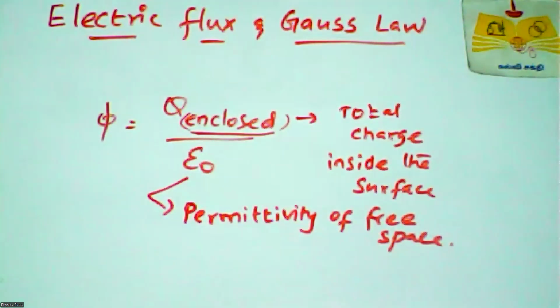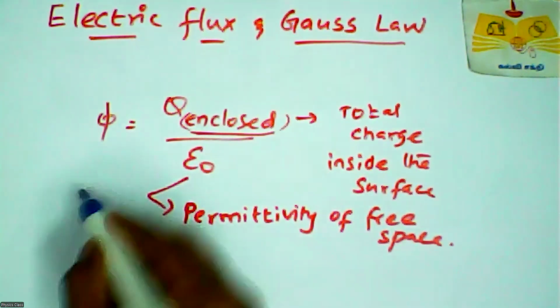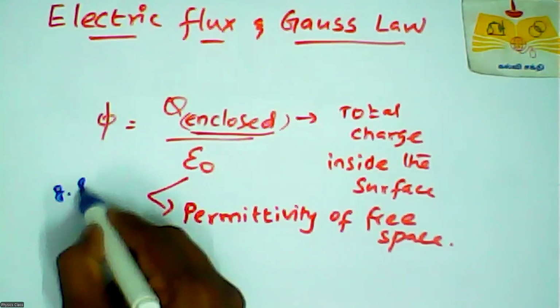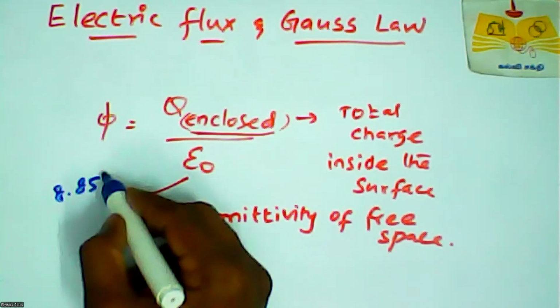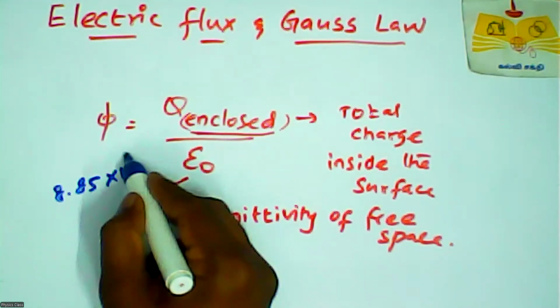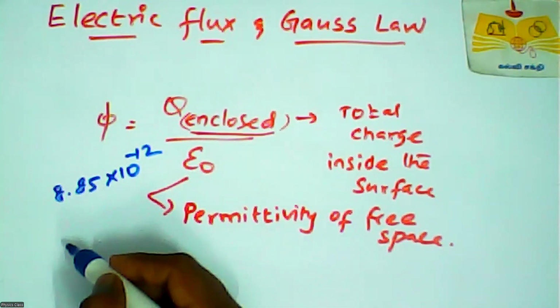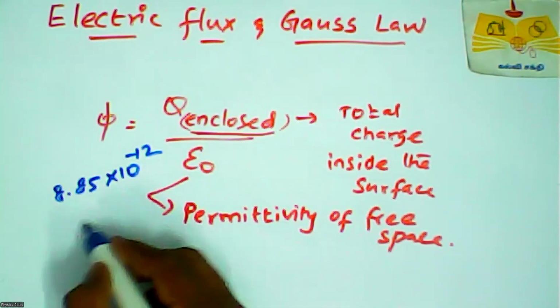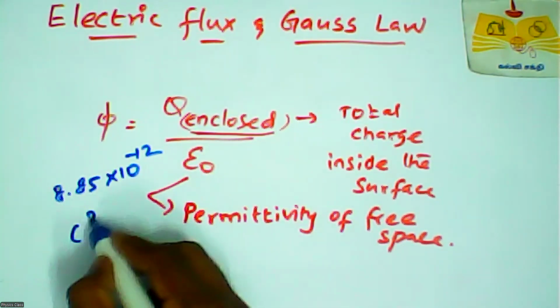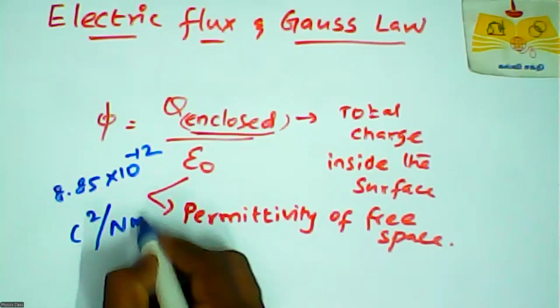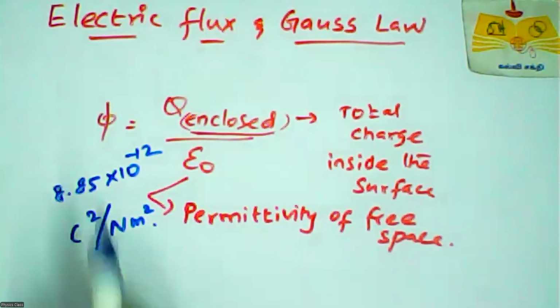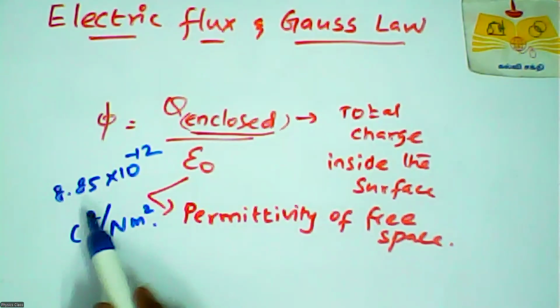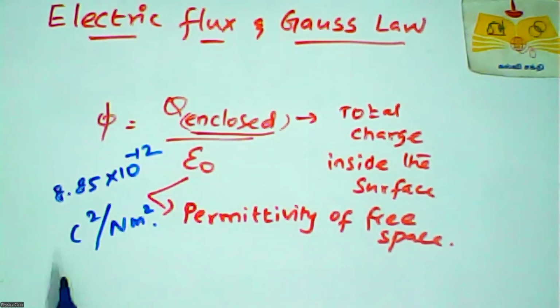Okay, no issue. I will write 8.85 into 10 power minus 12, and the unit is Coulomb square by Newton meter square. This is the value and unit of epsilon naught.